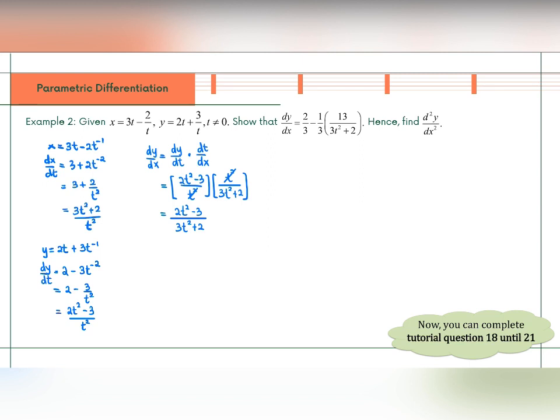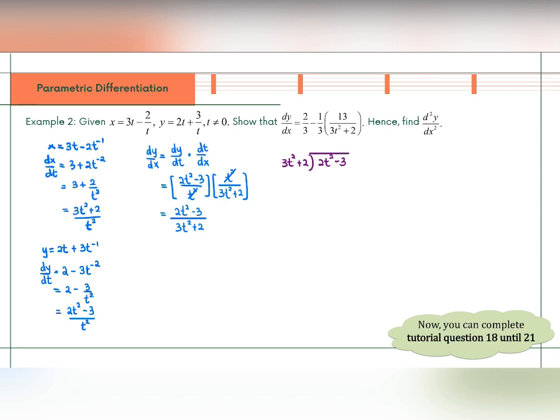So bila improper fractions, untuk jadikan dia proper fractions, we are going to use long division. Okay, so saya perform long division. 3t squared plus 2 dekat luar, dalam dia adalah 2t squared minus 3.